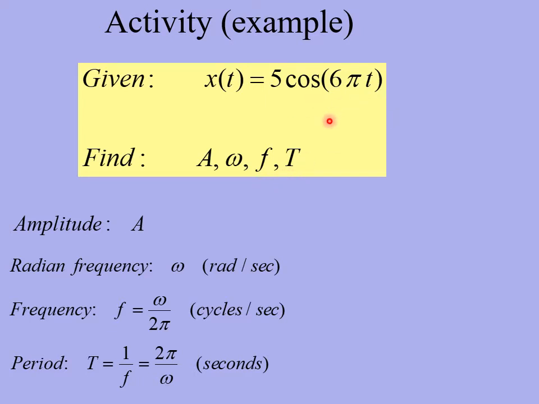And just to make this a little bit easier so you don't have to go back to the previous slide, I put all the equations here to figure out these various parameters. So go ahead and pause the video and see if you can figure out what A, omega, f, and T are for this signal.